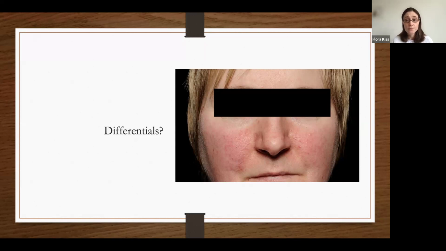Cosmetic camouflage is also an option, which I forgot to mention. So that is also something that can be used, and some patients might say that's all they need, because it might just be that they get some episodes of flushing and they feel self-conscious about that. So that's also worthwhile to explore.